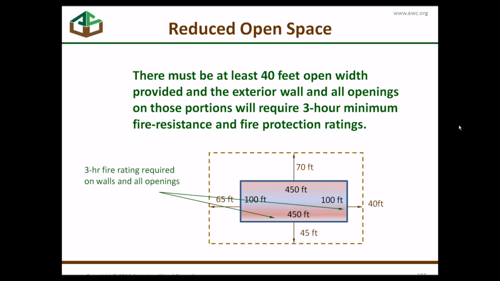Okay, and then another question is, do you have to have a certain percentage of frontage on a street? If you have a street next to a building that is a public way, you always get to use that as frontage.